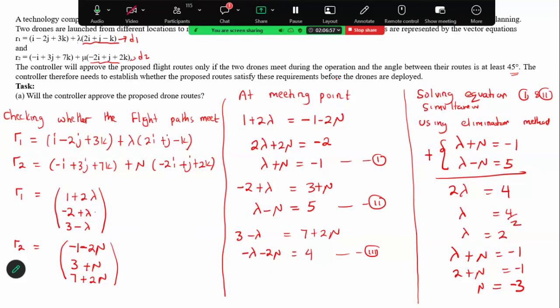Therefore, the controller should approve the proposed drone route. Always put the decision and why you are saying so. You can say that the controller should approve the proposed drone routes. Why? Because the two drones meet at a point 501 and the angle between their routes, 47.124 degrees, is at least 45 degrees. So that's how you can make your conclusion for that part.